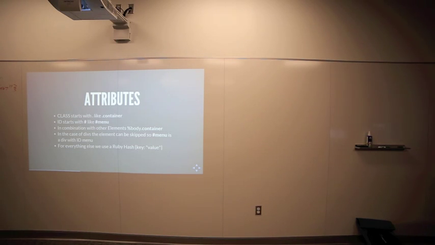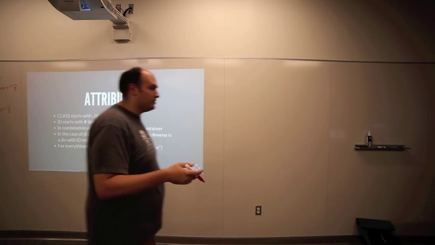In newer versions, and by newer I mean anything past 1.9, I think, 1.8 supported what's called post-colon notation. And that means that I can make this as a symbol, and it looks exactly like JSON now. So if any of you have familiarity with JSON and what it looks like, it's key colon value.